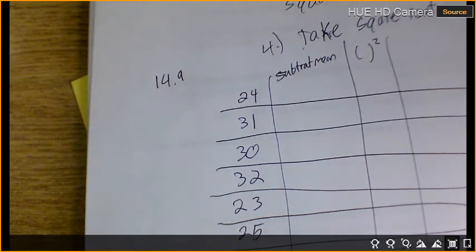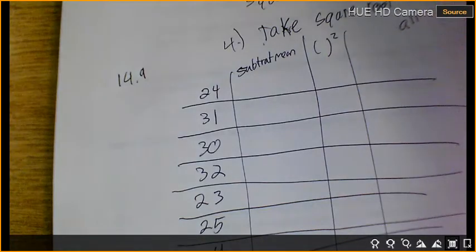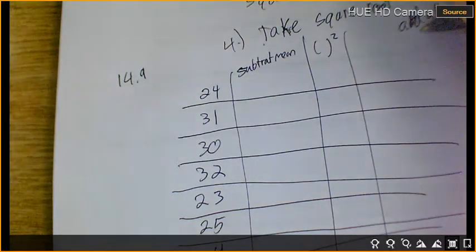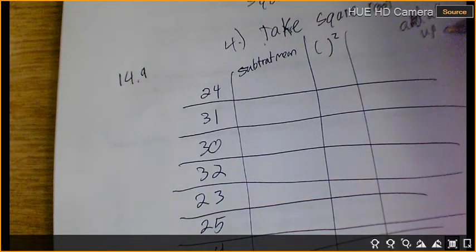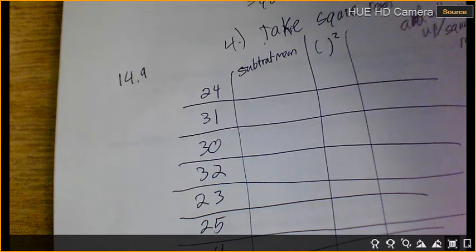Then I'm going to add all of these up, divide by how many there are, and then finally square root it.